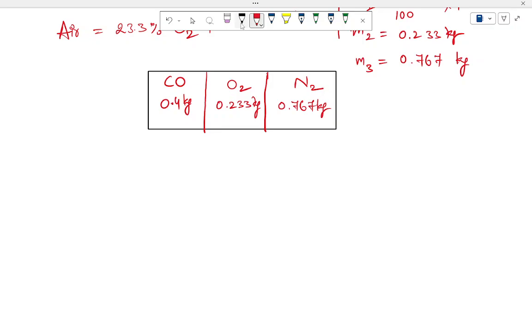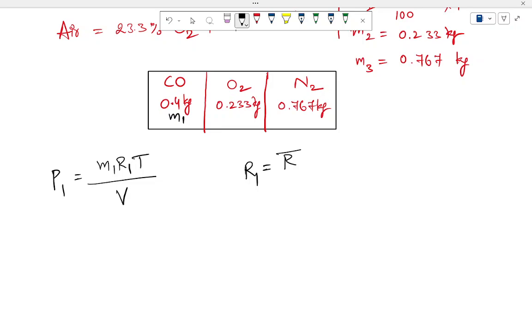So for calculating the partial pressure of each constituent, I will take the formula of P1 equal to M1 R1T by the volume. If you look at this particular formula, M1 is known and the R1 should be known here. In order to calculate the R1, I can use R bar here.